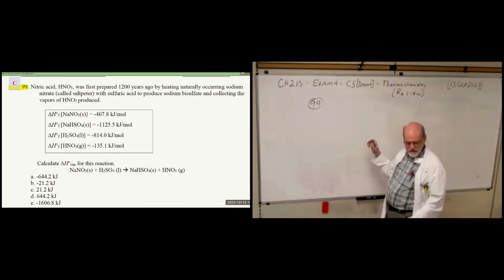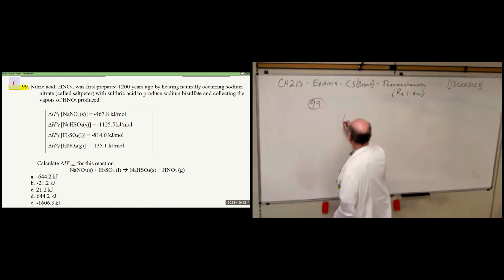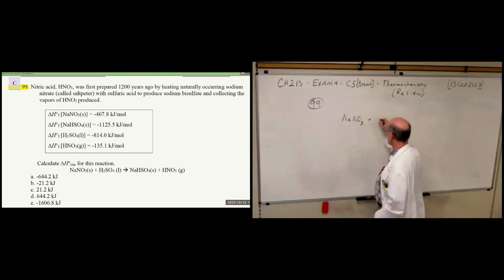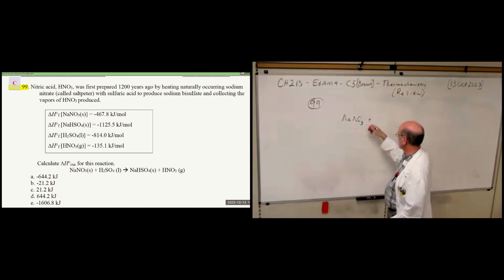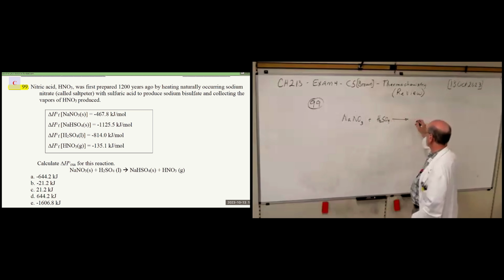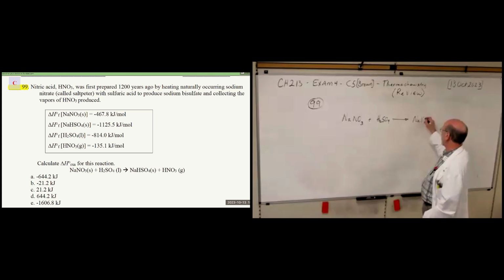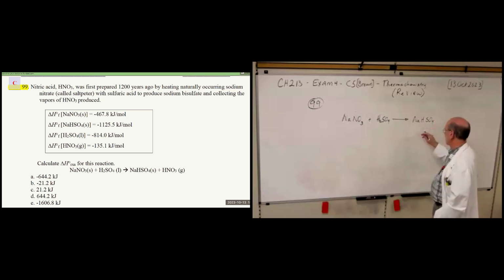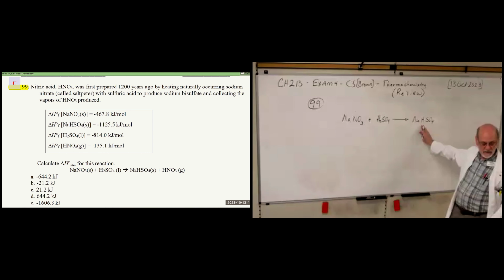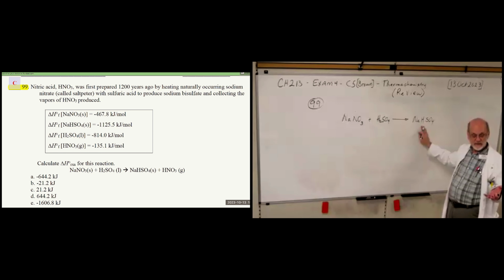Okay, so we've got this, this is the controlling equation. That's saltpeter plus sulfuric acid yields sodium bisulfate. The bi refers to a hydrogen. It's like sodium bicarbonate. Baking soda is sodium hydrogen carbonate.